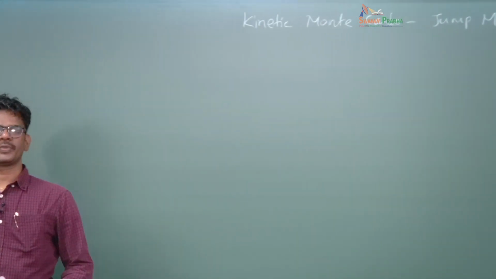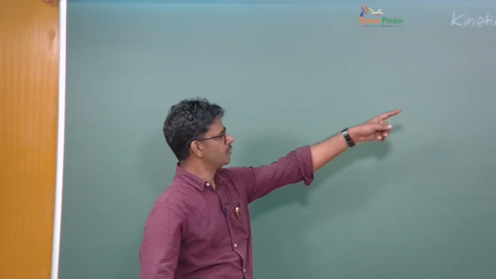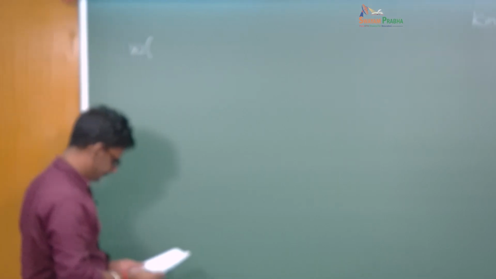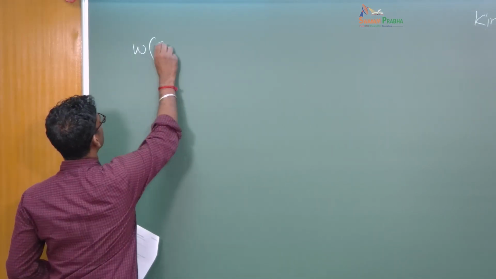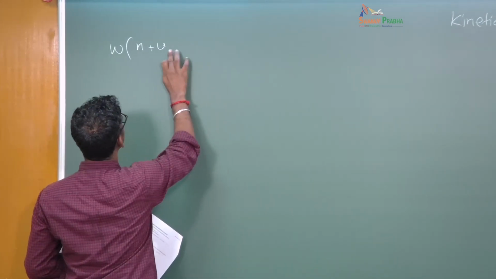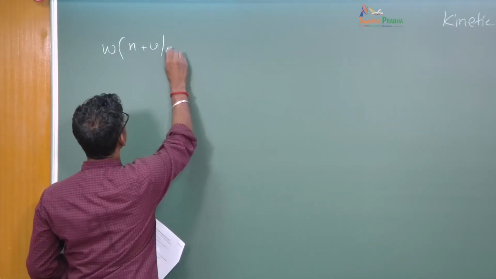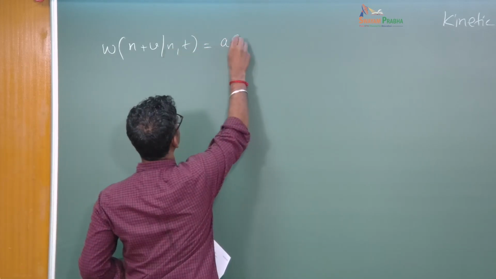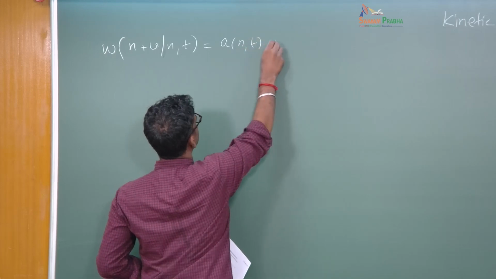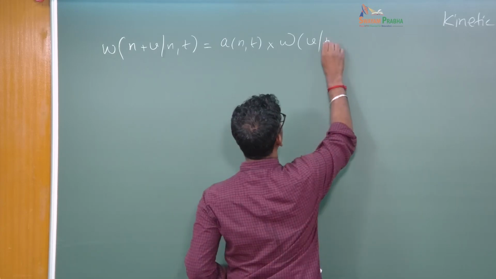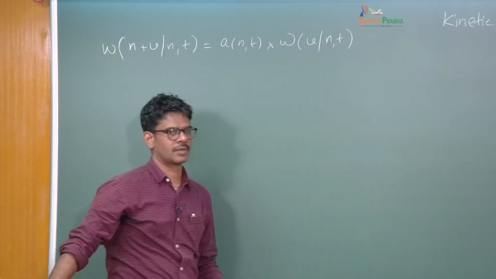Now if you remember, when we think about this jump Markov process, we define a characteristic function, W of n plus nu.